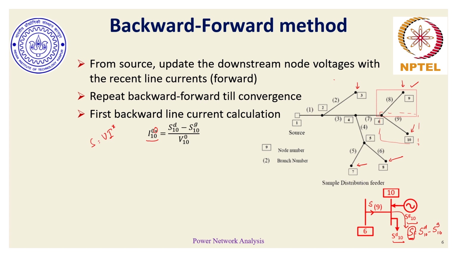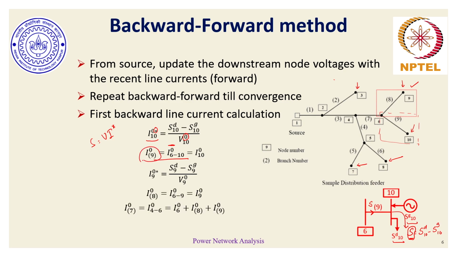So if this is the current at bus 10 and the only path for this current to flow is through the line, then we know the line current in the initial estimate. The 0 here refers to the initial iteration, or recursion, as you call the forward-backward process. So we now know the current in branch number 9 in the initial recursion.